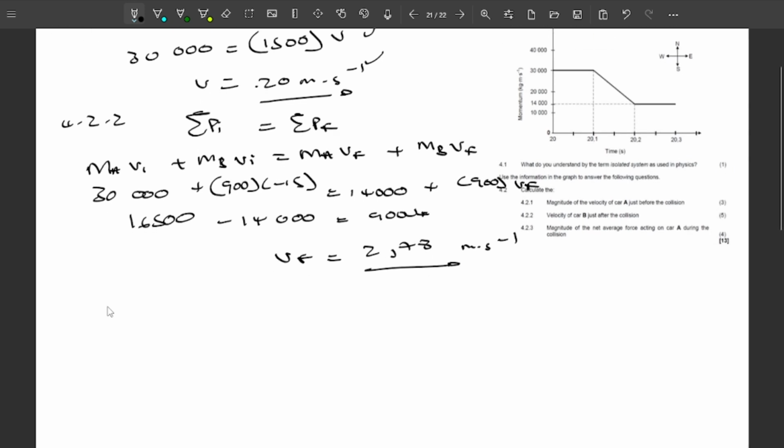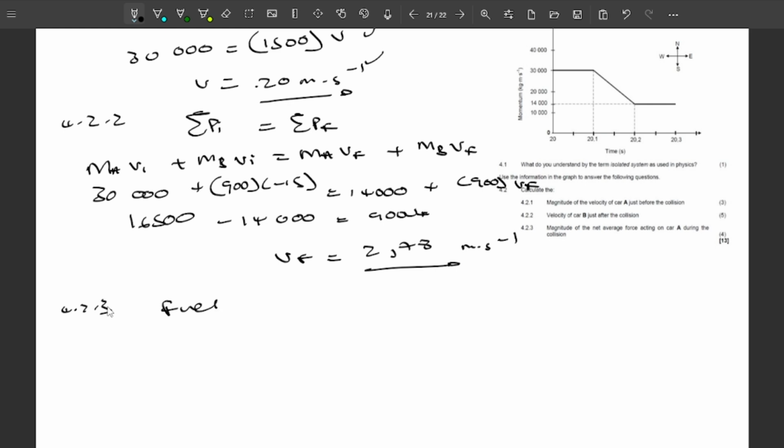Alright, so for 4.2.3, calculate the magnitude of the net average force acting on car A during the collision. So we want to find the average net force, and to find that you just look at the gradient of this graph.